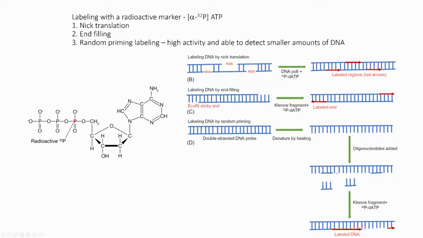Then they will have Klenow fragment and the P32 dATP, and they can synthesize the strand and give you the isotope-labeled probe. So these are three techniques people normally use to label the DNA probe.